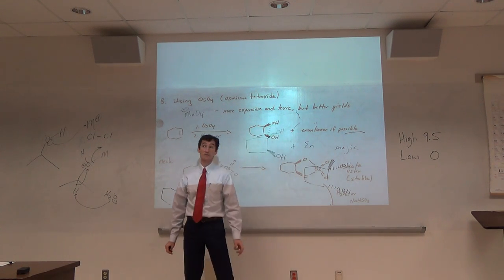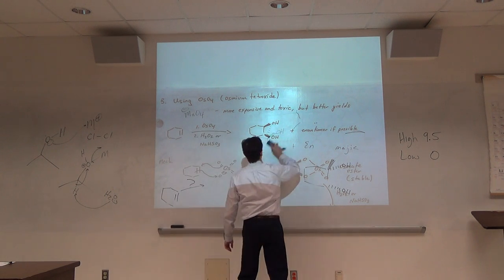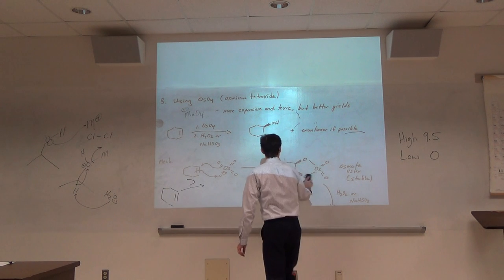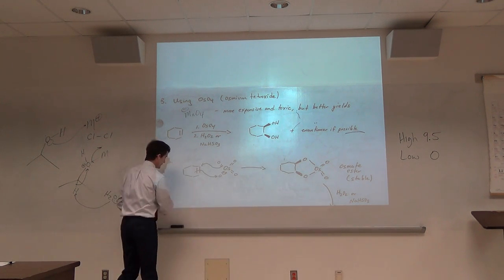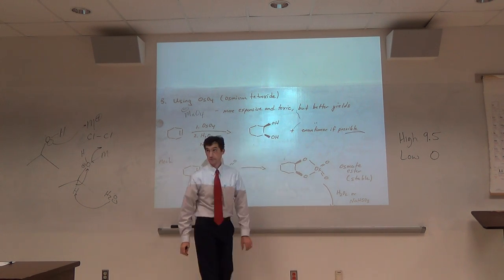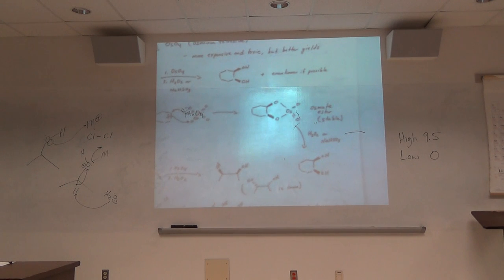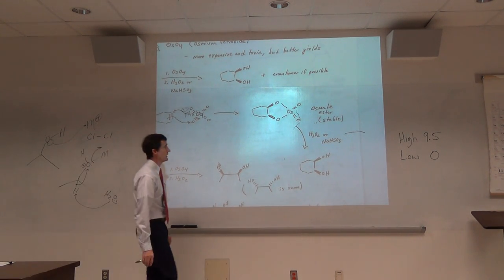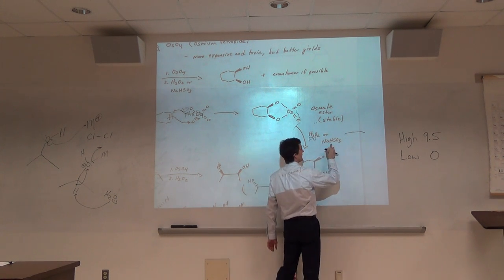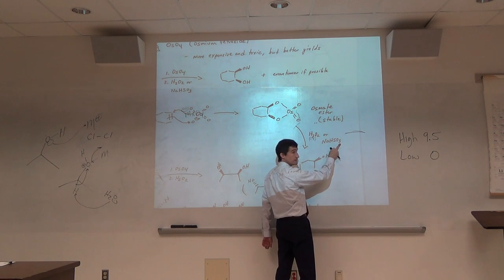Now, the osmate ester is actually stable. That can be isolated. Just like before, we have to have a second group of reagents to cleave the osmate ester to the diol. That can be done using either hydrogen peroxide, which is an oxidant, or sodium hydrosulfite, or sodium bisulfite.